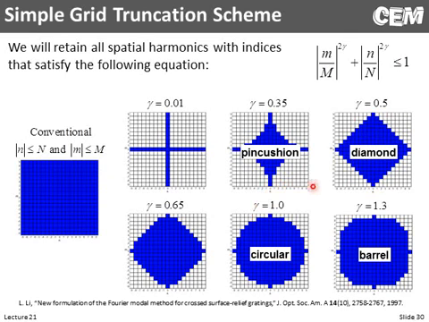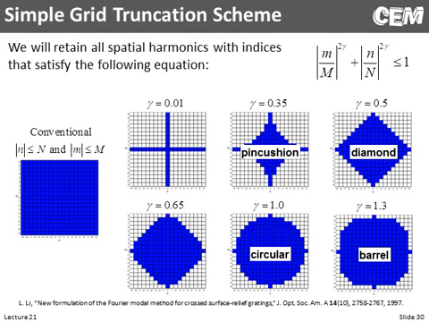On the other extreme, on the other side of 1, we have barrel truncation. Again, we actually have more resolution along the diagonals than we have along x and y, but still a little bit more efficient. If I use truncation, I tend to use circular truncation, but there may be times where you'd use pincushion or barrel if you have some a priori knowledge about which spatial harmonics have power in them.